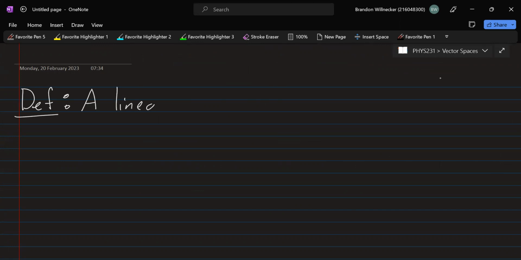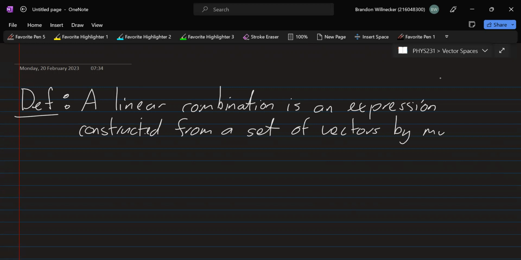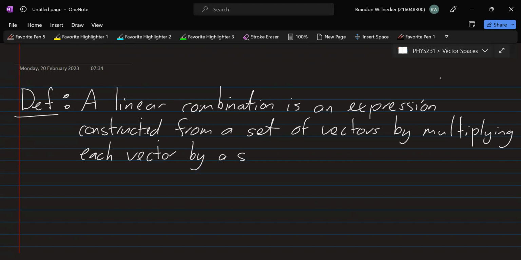A linear combination is an expression constructed from a set of vectors by multiplying each vector by a scalar.